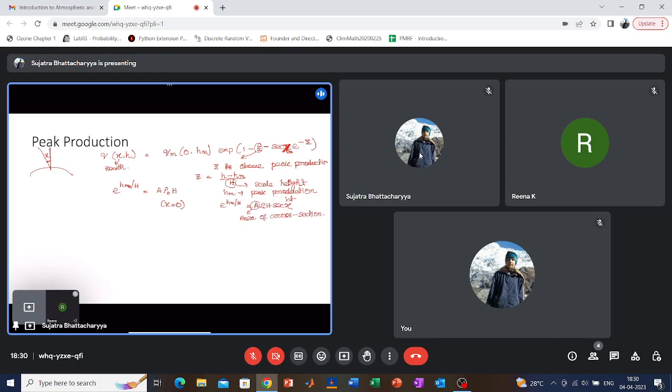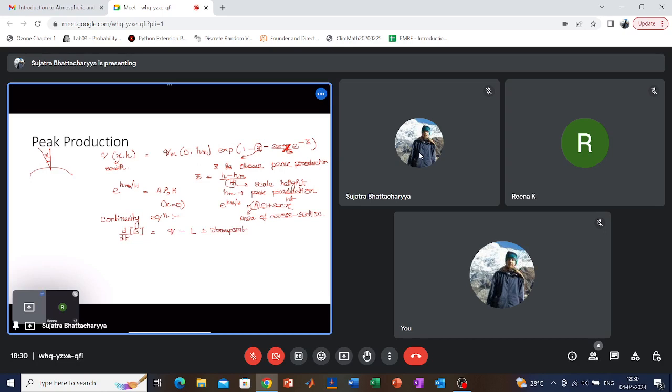Now if we apply the continuity equation in this ionosphere region, it looks something like this: the total derivative dN/dt of the electron concentration will be production minus loss, plus or minus some transport if you want to add.